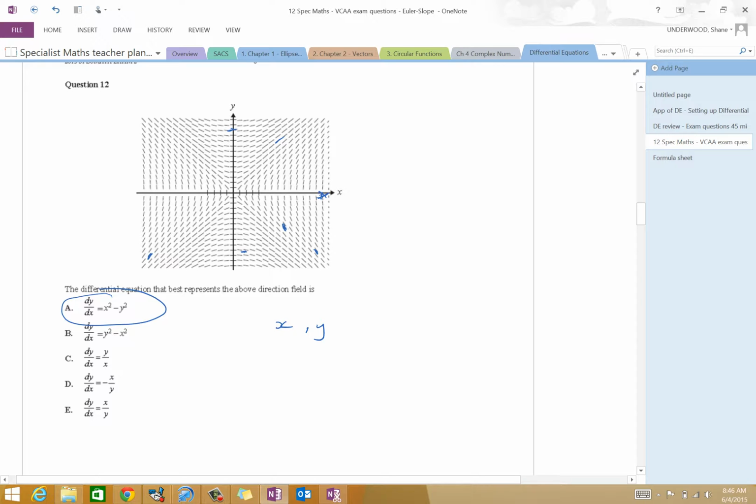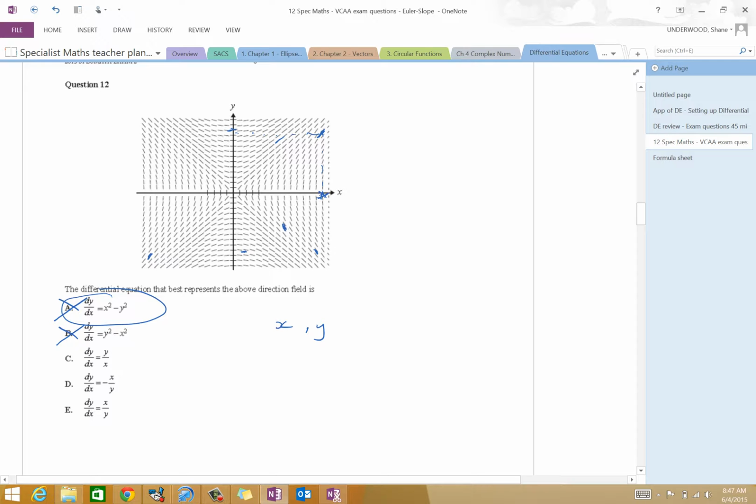Now, if I pick sort of the same value, then you probably will notice that for x squared minus y squared, if I've got a similar x and y coordinate, that's definitely not going to be a very big slope, is it? So I ruled that out. Similarly, if I did the same thing, that's going to rule that out.